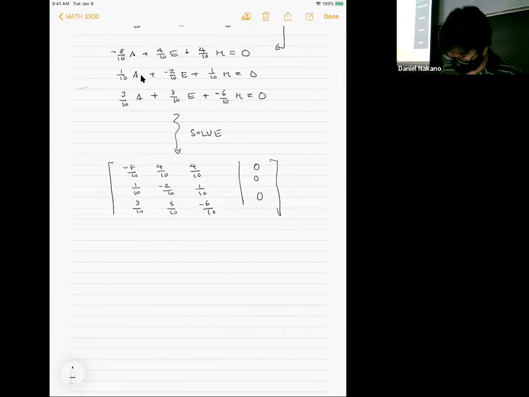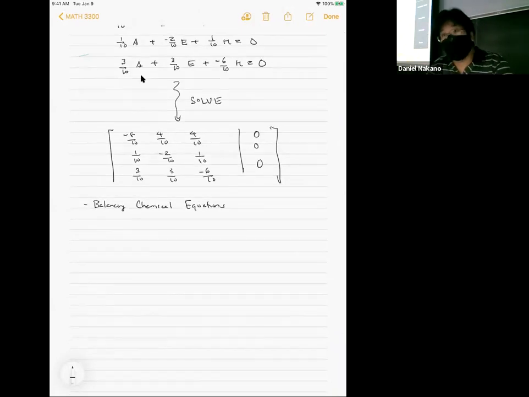Let me give you an example of balancing chemical equations. The idea is that you take two chemical compounds with certain numbers of atoms, you put them together, there's going to be some sort of reaction, and then you get some other compounds coming out.